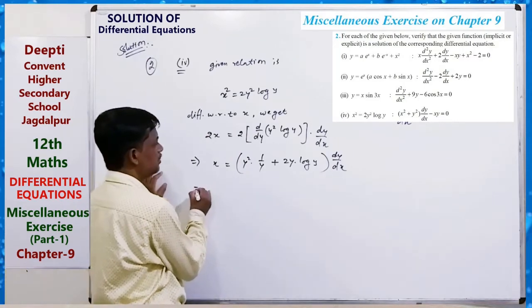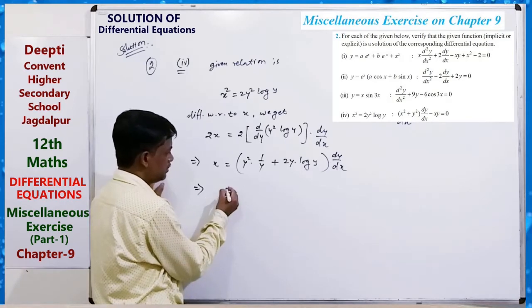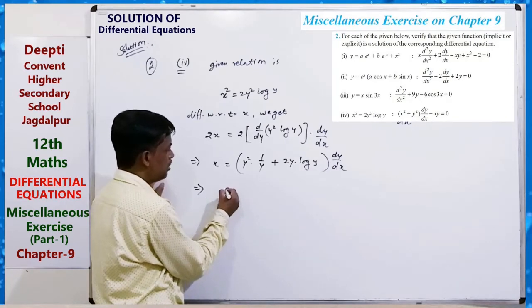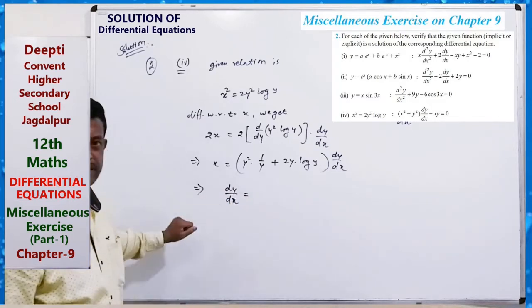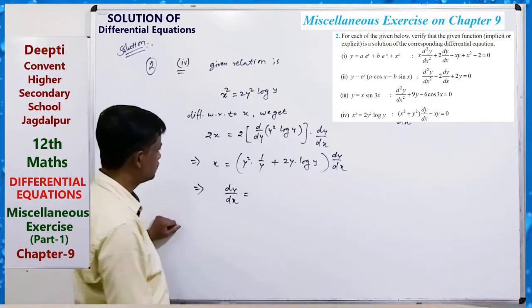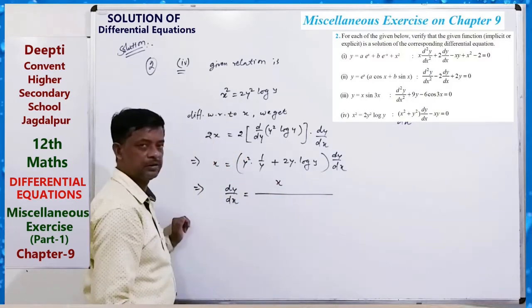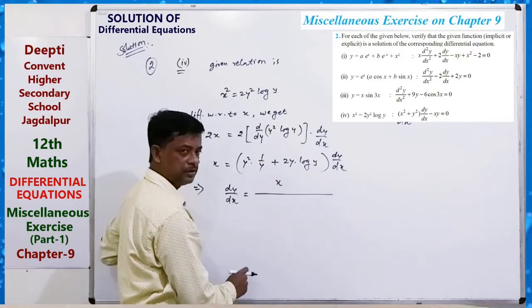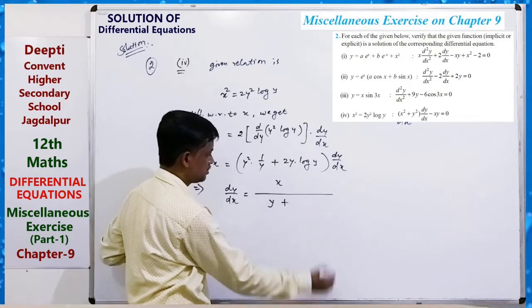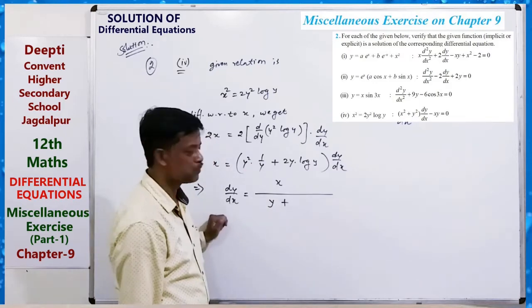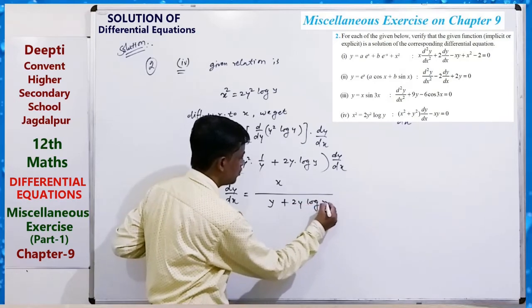From here we can see that dy by dx equals x upon y plus 2y log y.